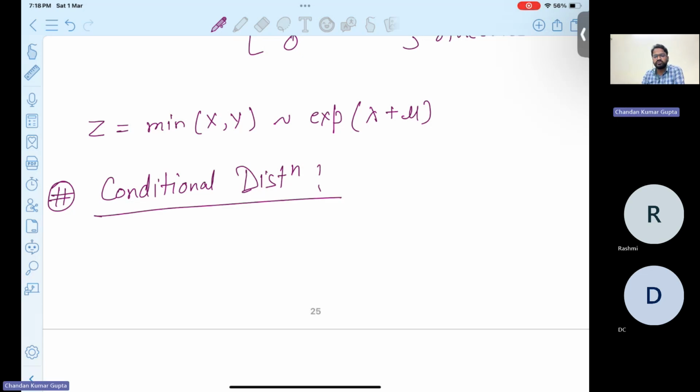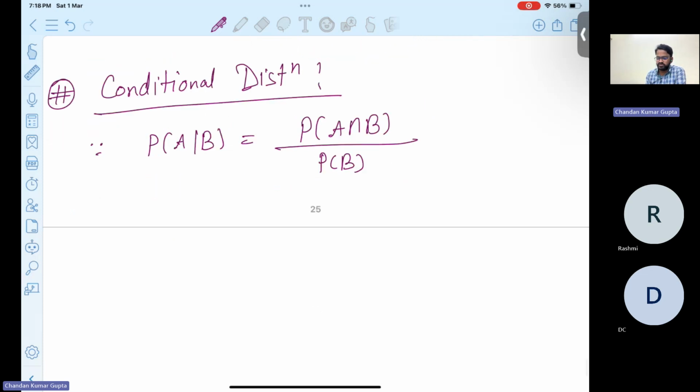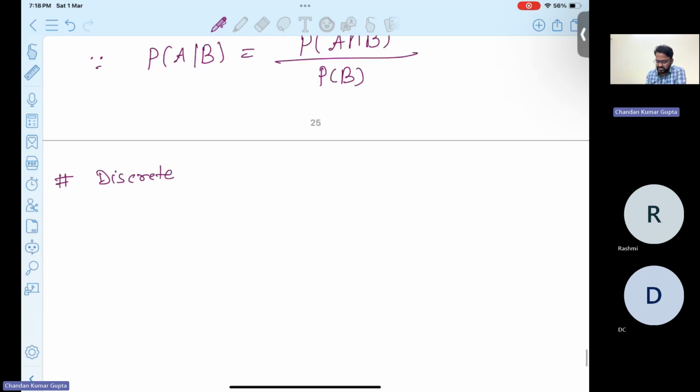Like we have discussed about conditional probability, you may remember the conditional probability, A given B is probability of A intersection B upon probability of B. In a similar manner, we can define for discrete and for continuous case both. For discrete case, probability that X given Y equal to y. Here the given condition Y equal to small y is treated as like constant.